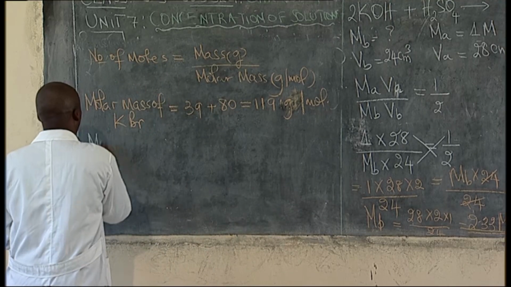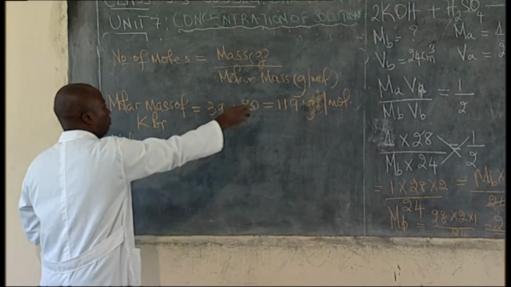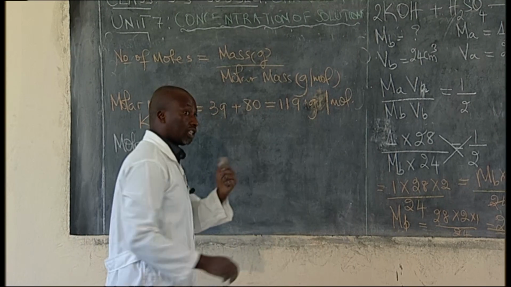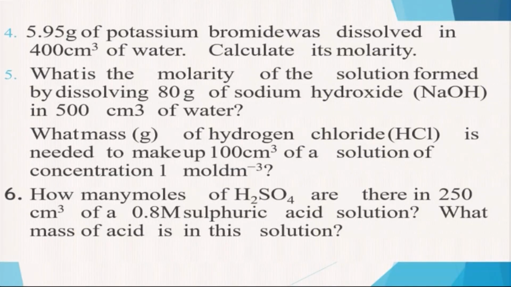We come back to the moles, which will be equal to the mass. The mass is given, 5.95, divided by 119. Calculator.